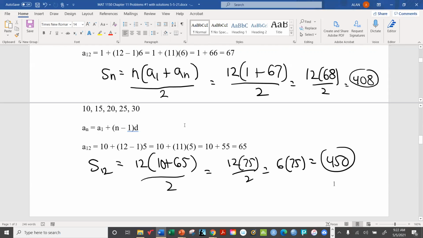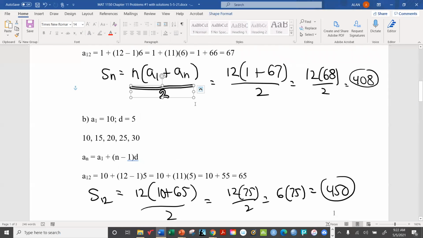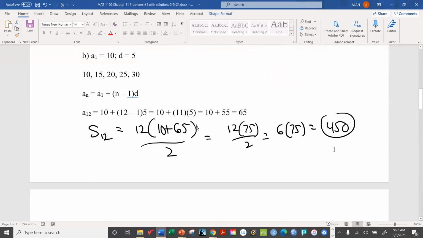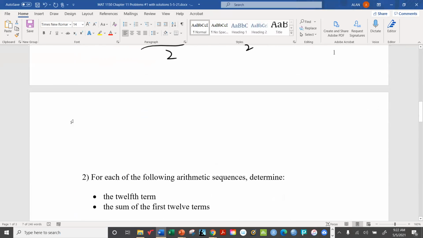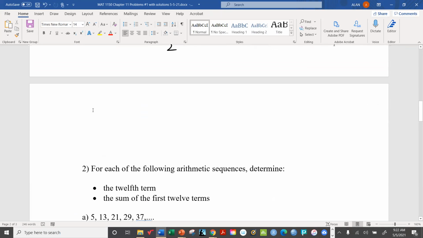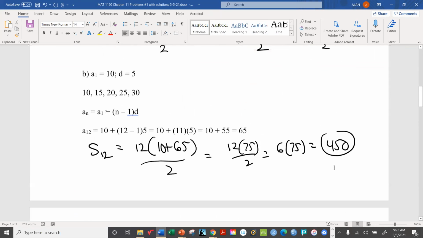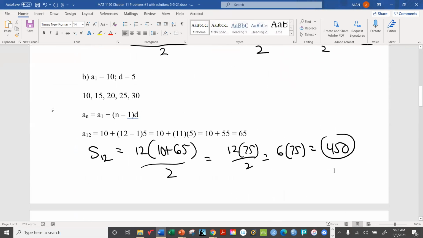All right. How about the third part, part C? What's different about part C? Let me just go copy it. Now, ooh, we have negatives here. That's scary stuff. Let me leave this here for a second so you can catch up.